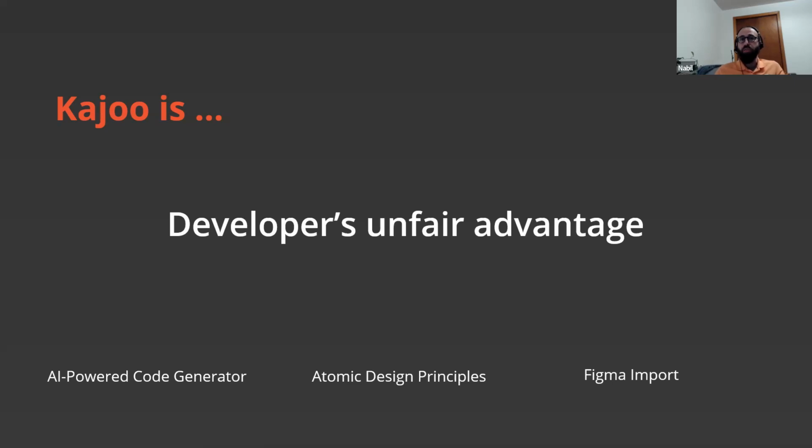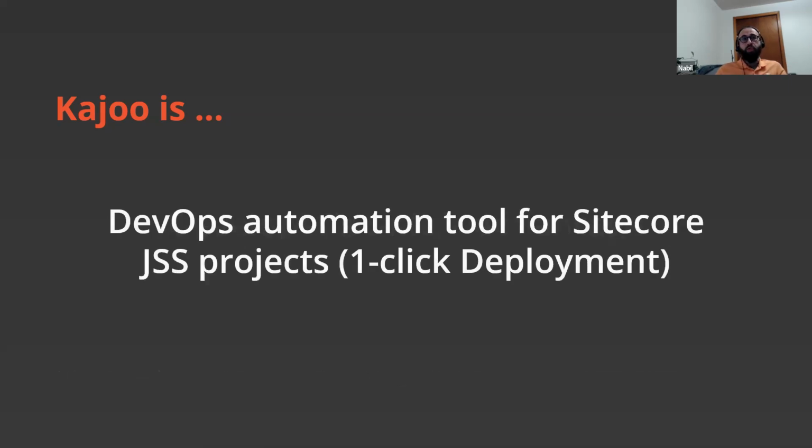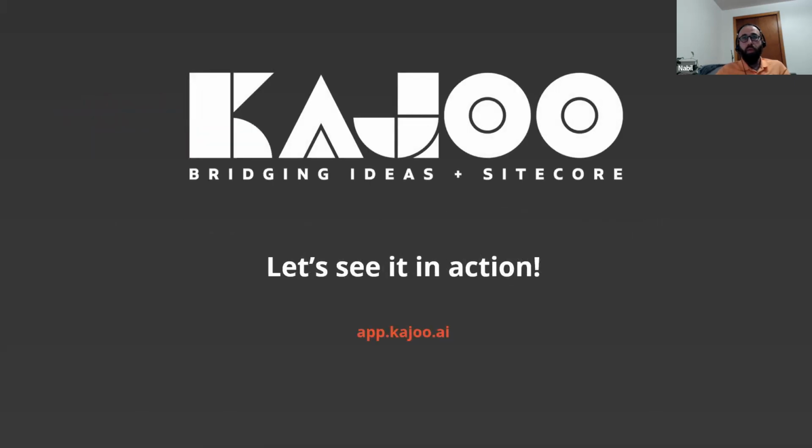It allows you to focus on the higher value work and not be lost in the mundane work. And Kajoo is a DevOps automation tool for Sitecore JSS projects. It provides you with one-click deployment and CICD all out of the box. And without further ado, let me jump to a demo.